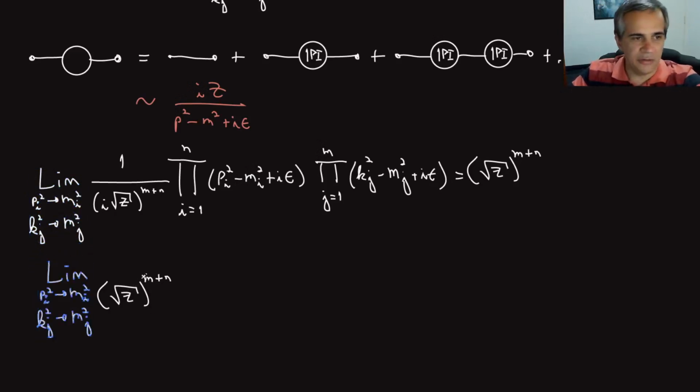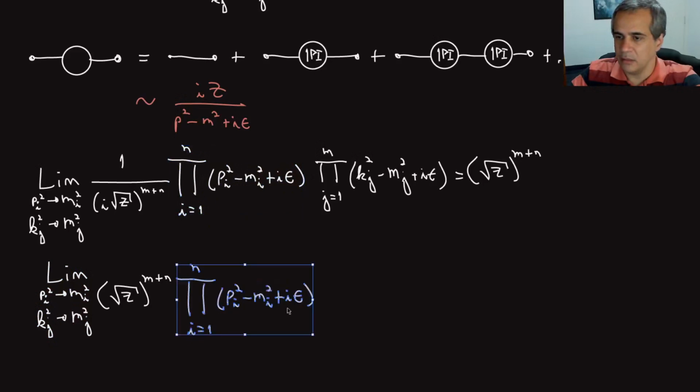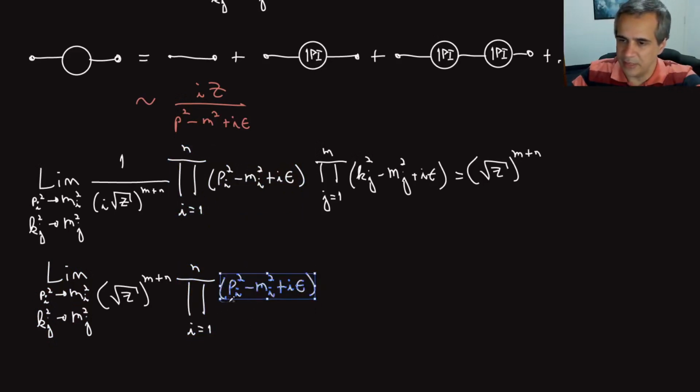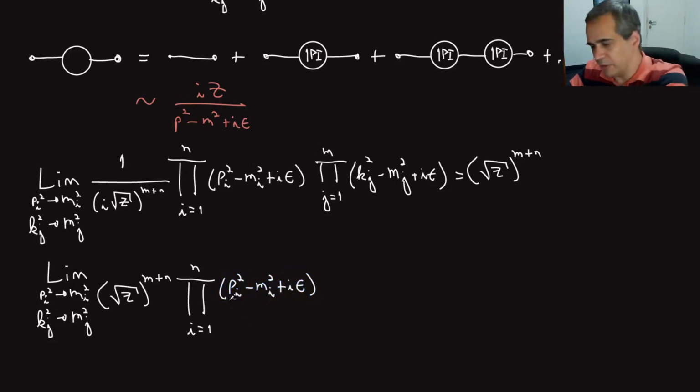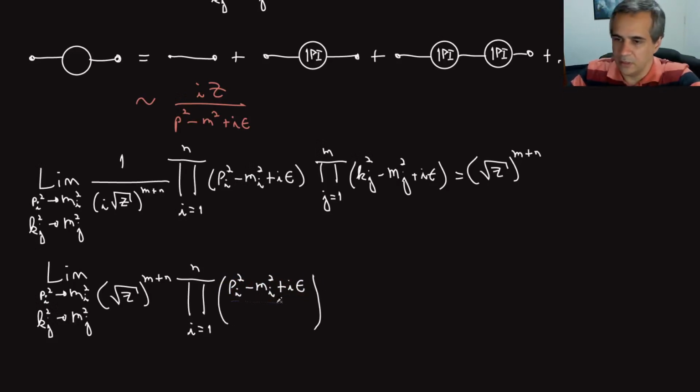If I take this out, what goes in? Then I get an extra factor inside each of these guys. This becomes i Z. So I took, in this case, n powers of square root of Z outside.